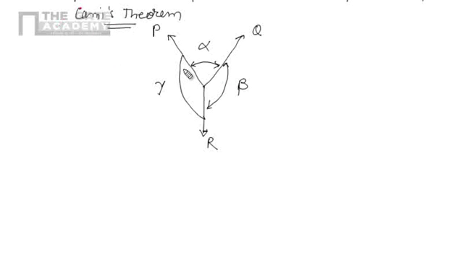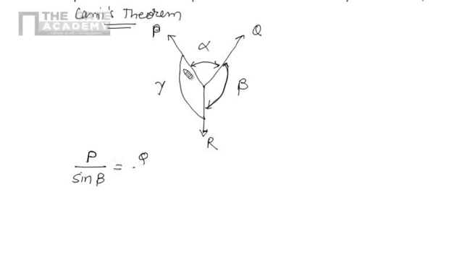Lami's theorem is applicable for three coplanar concurrent forces acting on a body when the body is in equilibrium. According to Lami's theorem, the magnitude of each force is directly proportional to sine of the angle between the other two forces. Suppose I am considering P, then I have to consider the angle between the opposite two forces, that is sine of that angle.